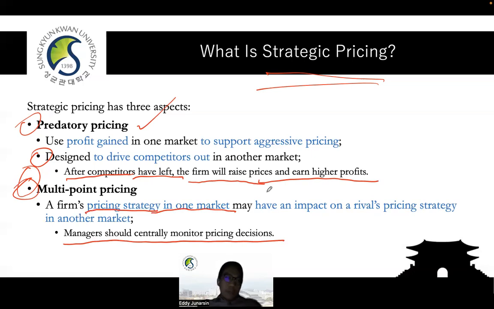If you do predatory pricing or a certain pricing strategy in one place, remember, your competitors also exist in other markets, so they might do some strategies as well in other markets, and it may impact your competitors' pricing strategy there. So with multi-point pricing, we have to pay attention: we have a certain strategic pricing in this location, and your competitors might do different strategies in other markets where both you and your competitors are prevalent.